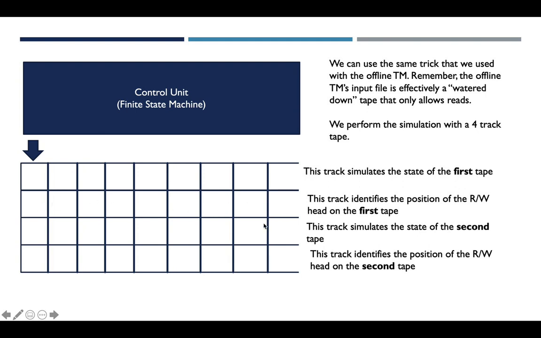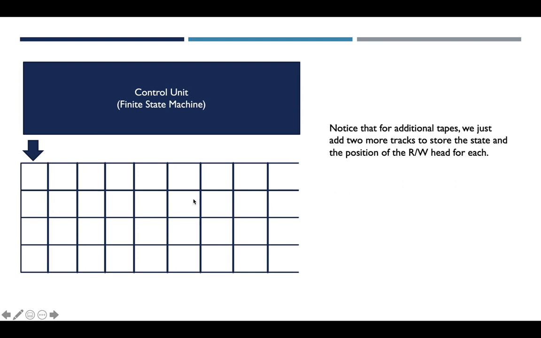So for every other tape, we're going to have 2 additional tracks. And those additional tracks are going to keep track of the exact same 2 pieces of information. The first one is going to take care of the actual state that is written on that tape. The second one is going to take care of the position of the read-write head, so it's going to denote which of the cells that head is actually reading.